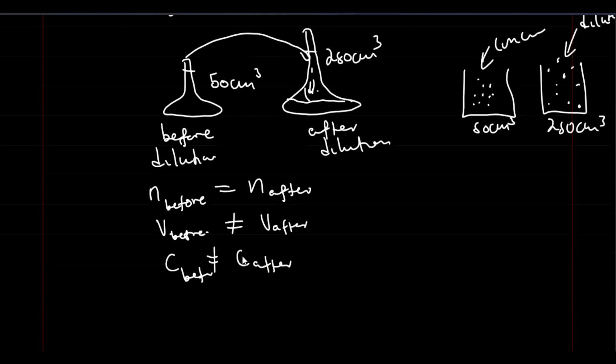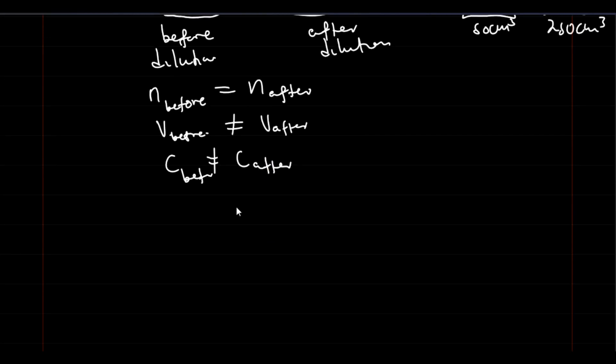This gives us a formula. Because the number of moles before dilution equals the number of moles after dilution, n1 equals n2. According to the formula for concentration, if I cross multiply and make n the subject, n equals CV.